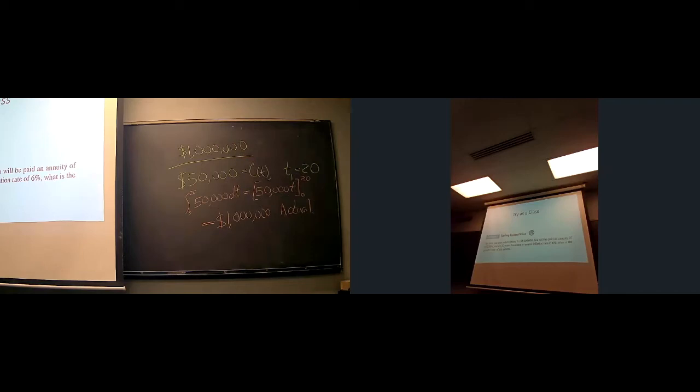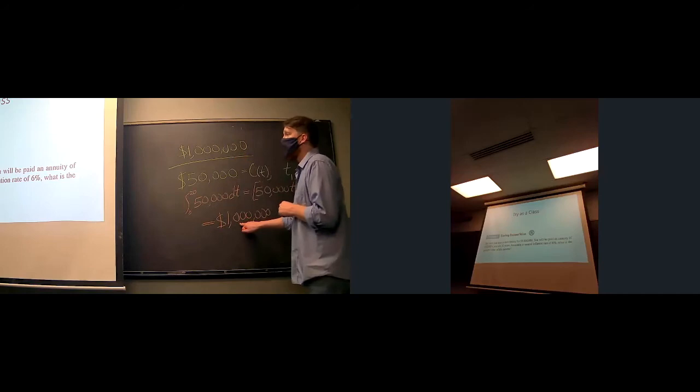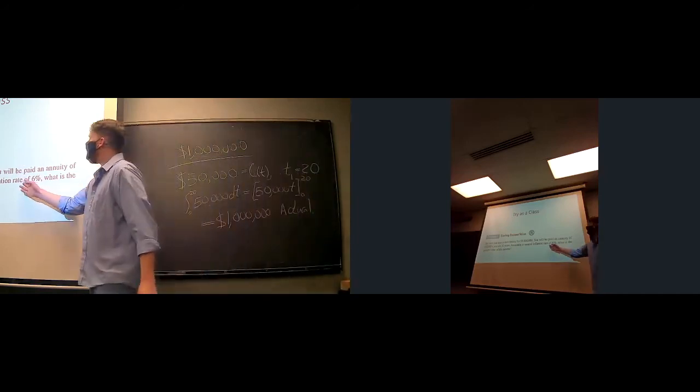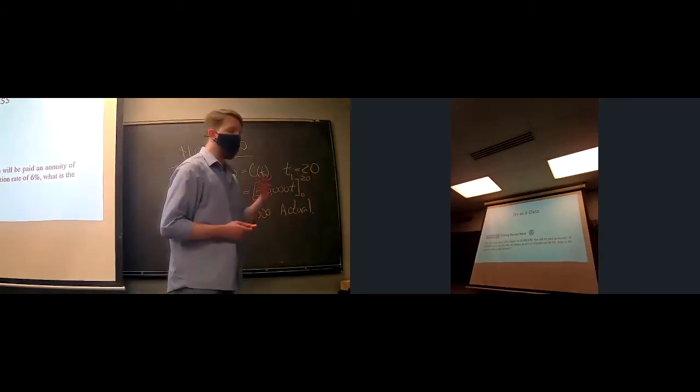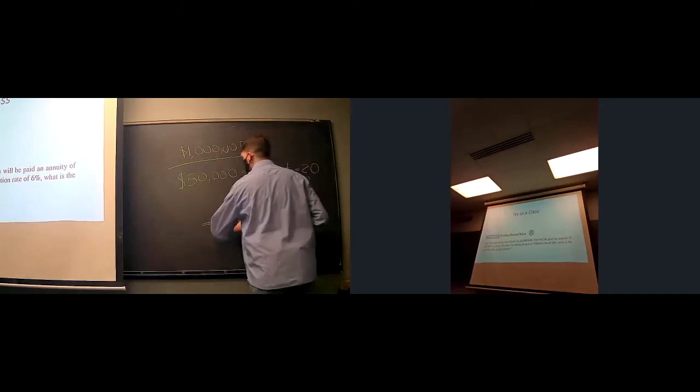So far this looks like we're doing something right. But we want to compare this to what the present value will be, assuming an inflation rate of 6%. So this is being devalued over time by inflation.